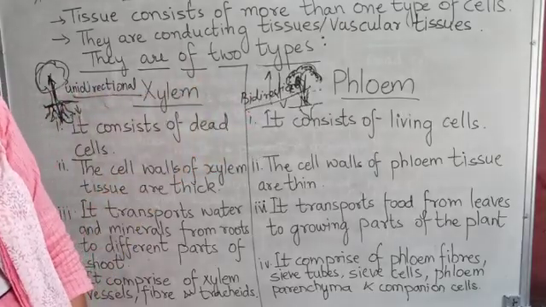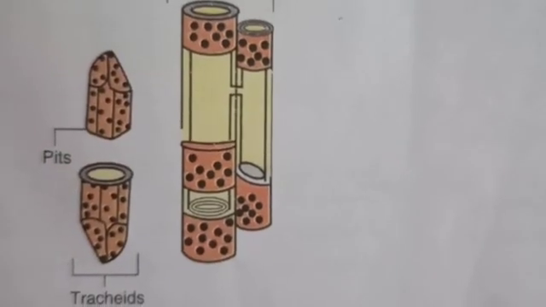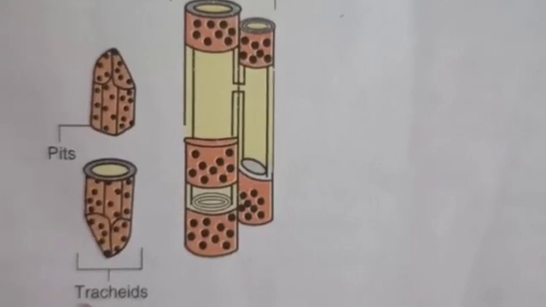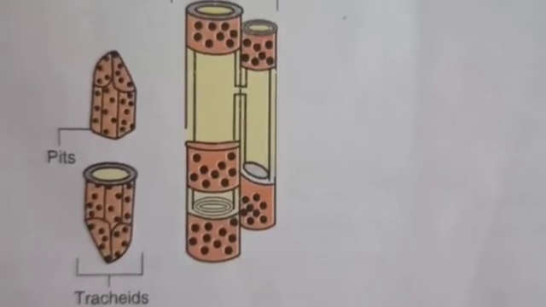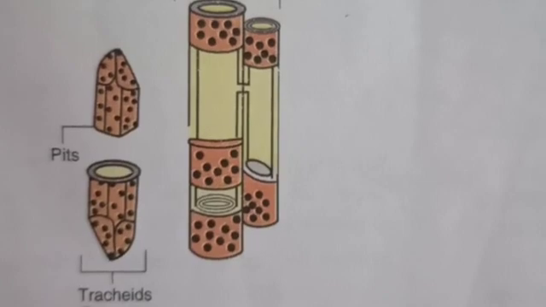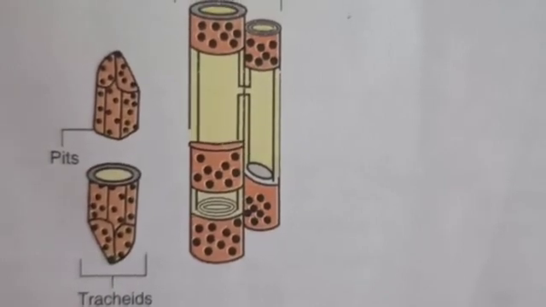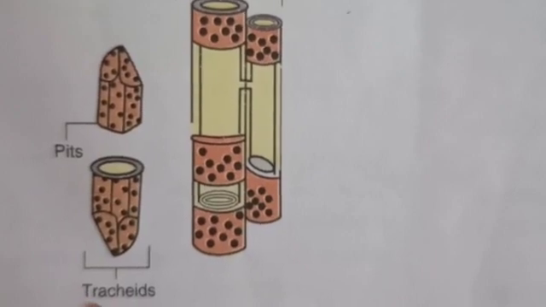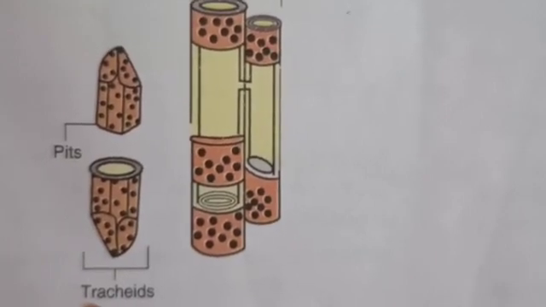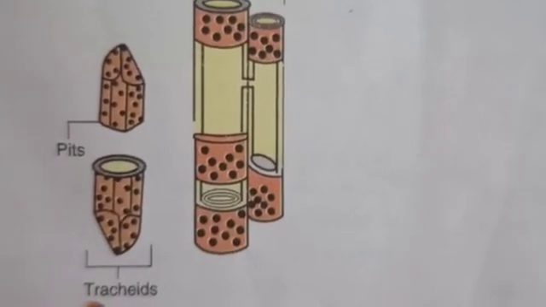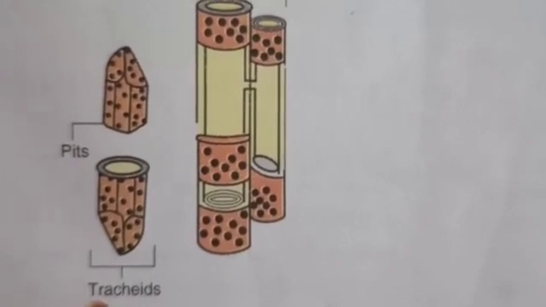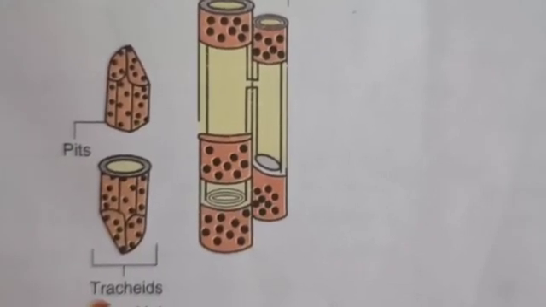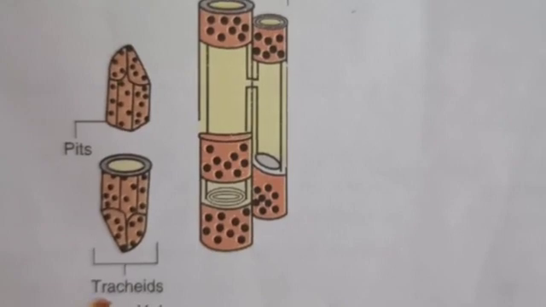Now students, here's the structure of xylem tissue. Xylem and phloem, as you know, are both conducting tissues, both vascular tissues, as they transport food, water and minerals to all the parts of the body. Just like in the circulatory system in our body, oxygen and food are transported through blood vessels, through blood.